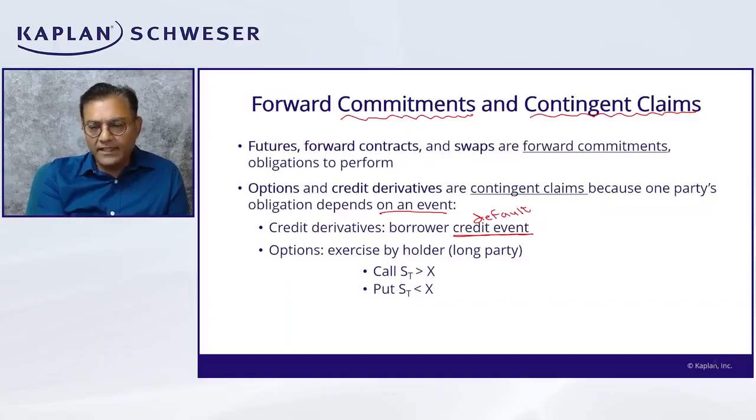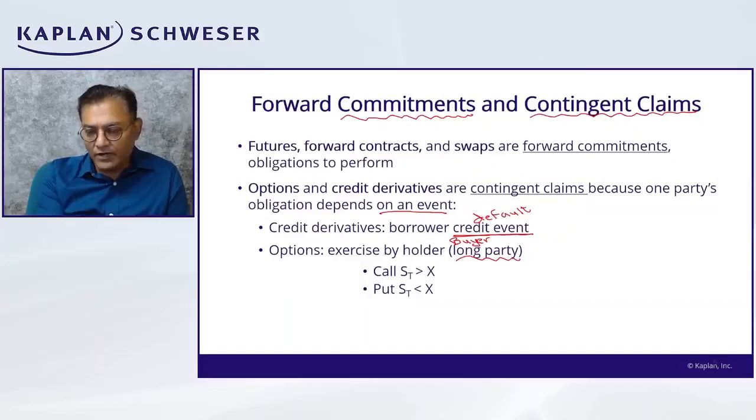In the case of an option, the holder of the option, the long party, the buyer, so the long is the same as buyer, has a right to exercise the option, and that right is going to be exercised only if it is beneficial to the buyer.